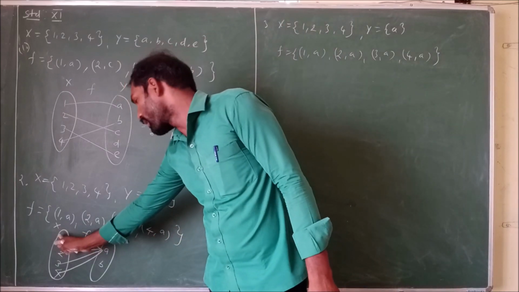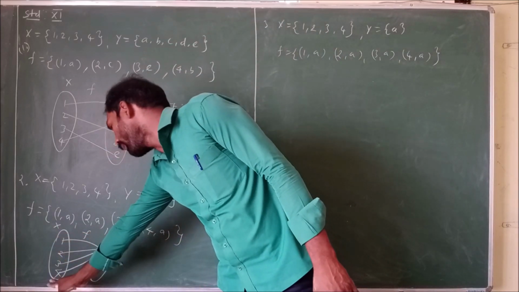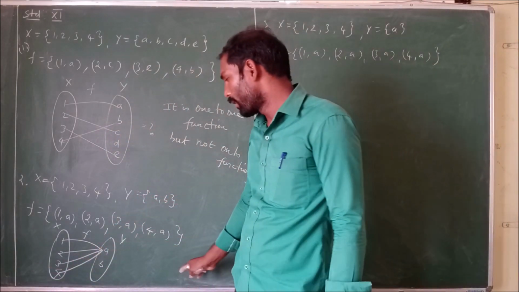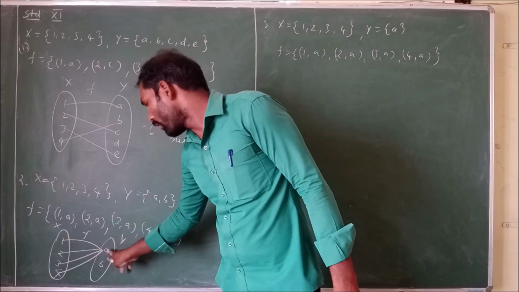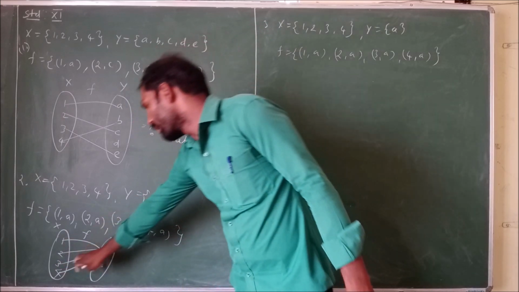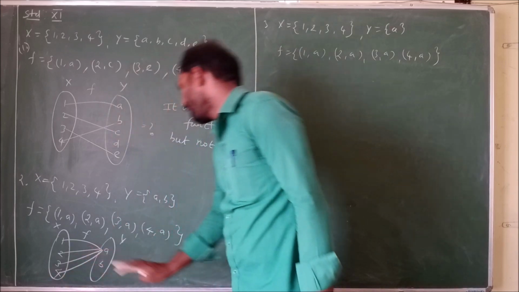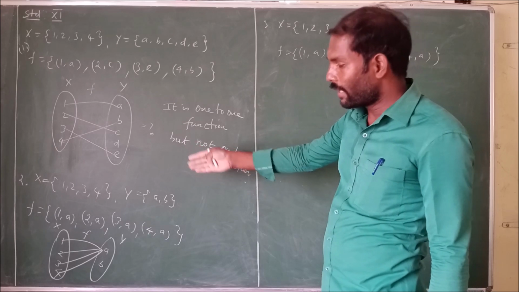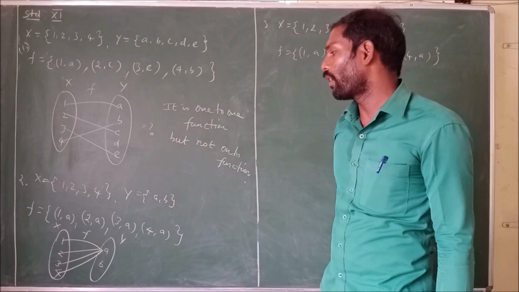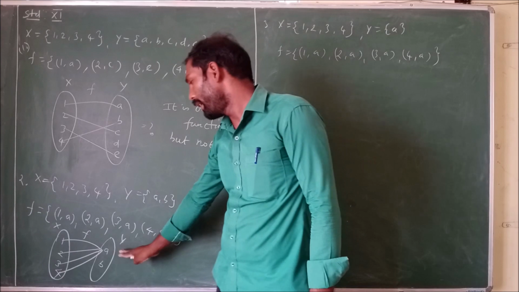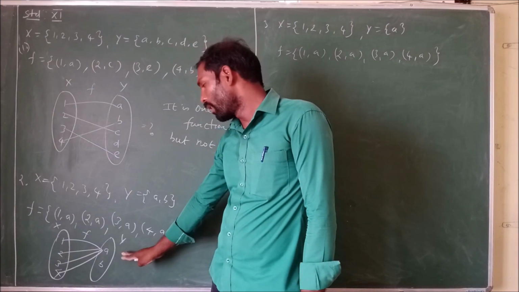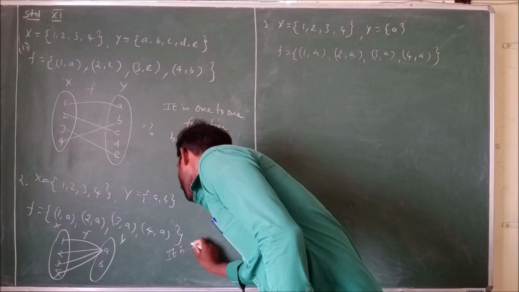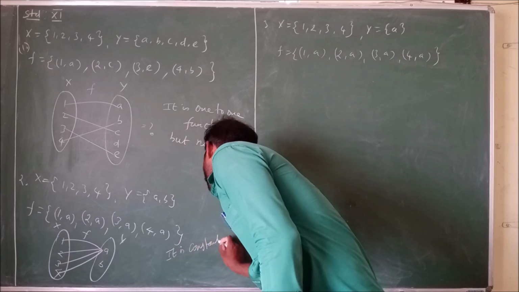Yes, it is a function, because all the elements in the domain have an image in the codomain. 1 is mapped to A, 2 to A, 3 to A, and 4 to A. Every element has a single image, so it is a constant function.